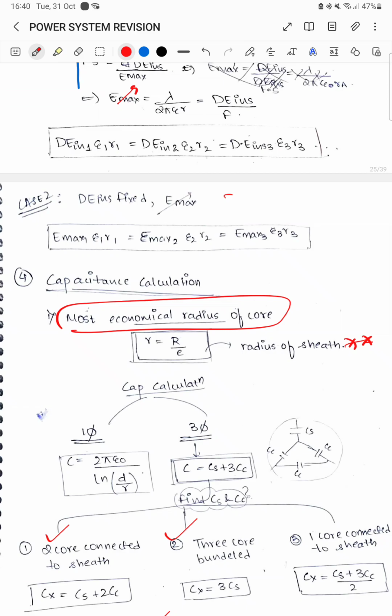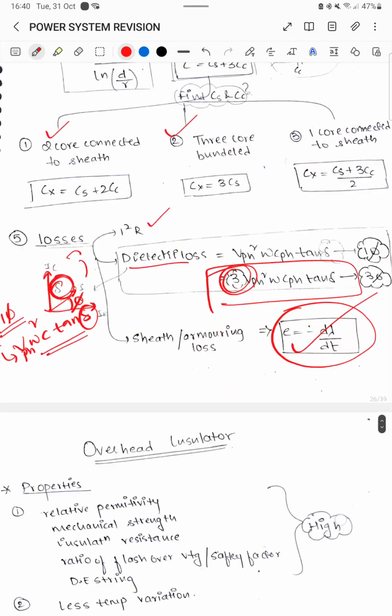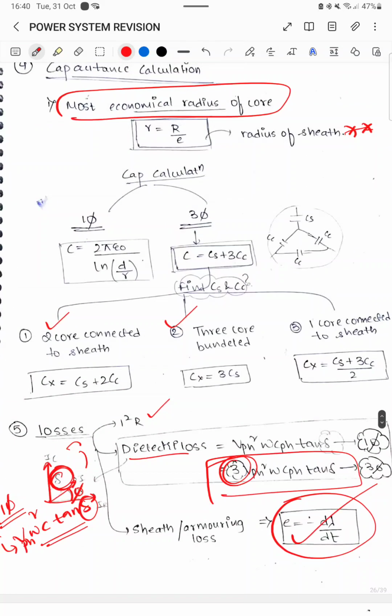Then we saw two cores shorted to sheath, 2cc plus Cs is equal to Cx, and single core shorted, Cs plus 3cc upon 2 is equal to Cx. Then we saw for most economical condition, radius of core is equal to R upon E, where R is the radius of sheath. That's all for this particular chapter.